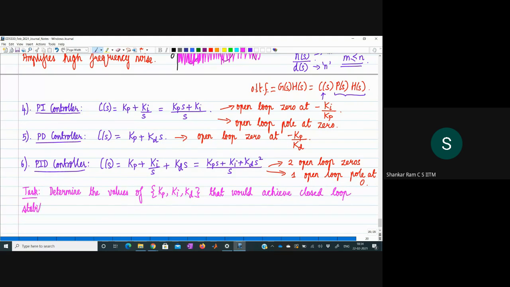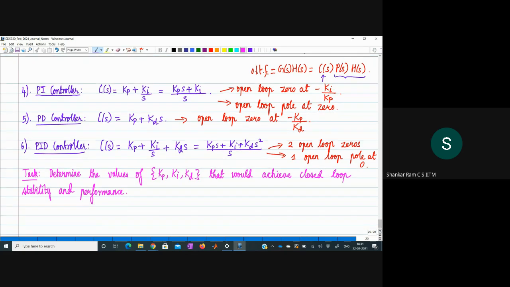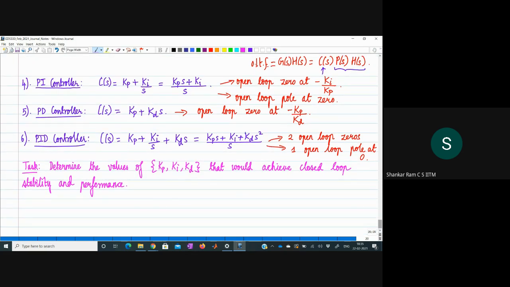Okay, so that is the ultimate aim. You can see that we have been refining the problem to such an extent that we are essentially coming to a stage where we are saying, look, let's think of the overall problem of controller design as one wherein we want to get this set of controller gains or parameters.